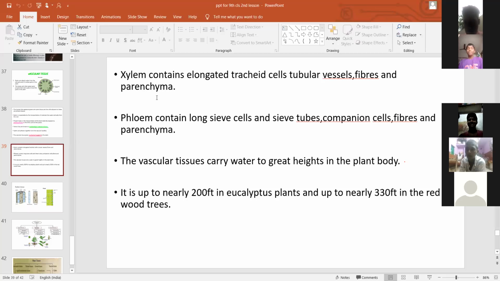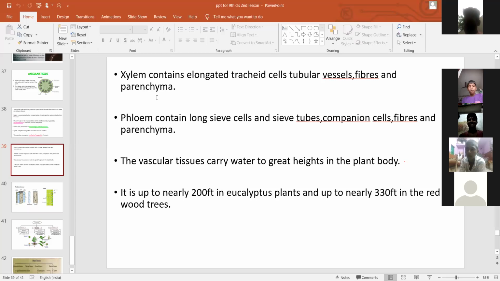We know that some of the sieve tube cells do not have a nucleus. We studied this in the last class. The cell is the basic structural and functional unit of living organisms.